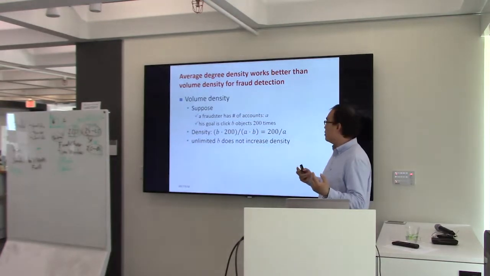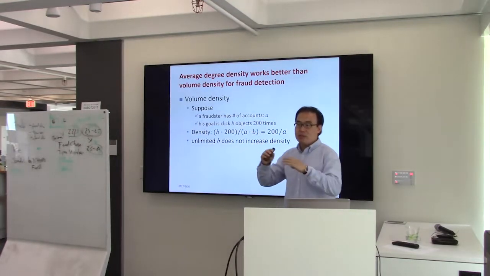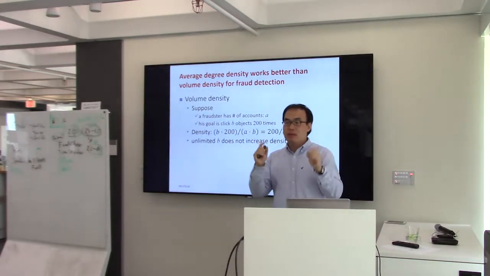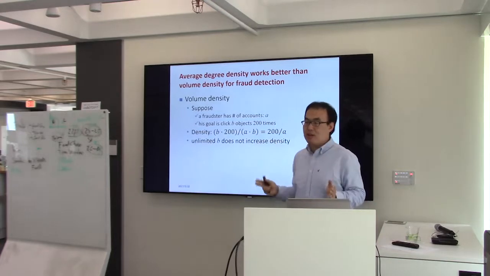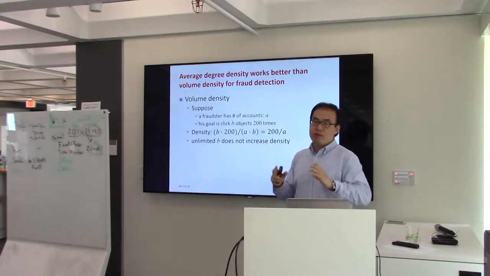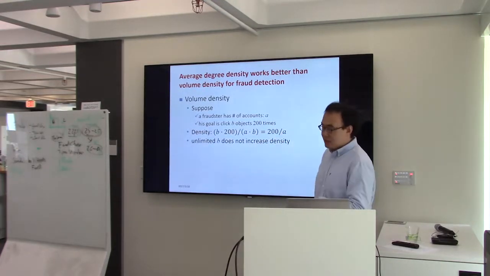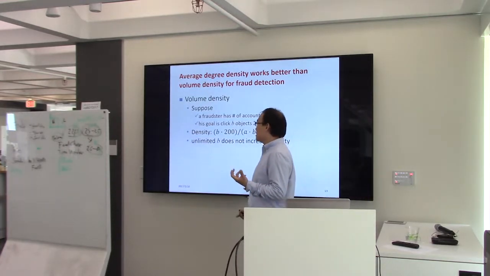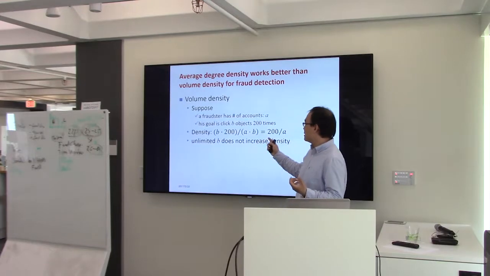Intuitively, you can use the volume density, which means the number of non-zero or weighted non-zero elements in that block of areas. So what's the problem with the volume density? Suppose we give this kind of example.